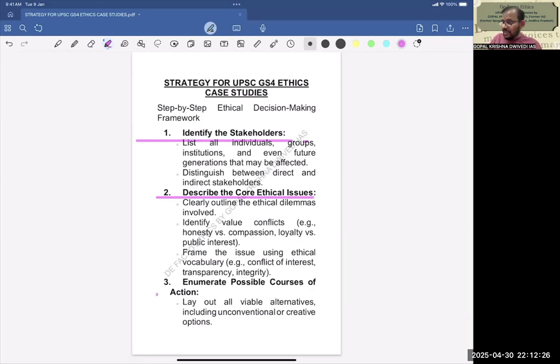Then third point is, enumerate possible courses of action. Because after analyzing the stakeholders and ethical dilemmas, we should find out what are the viable alternatives available to the civil servant or the bureaucrat or the concerned person who is going to decide. Once we list all the options, then only we will be able to evaluate.